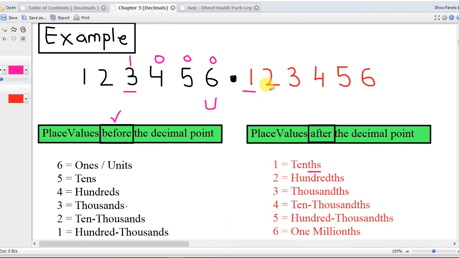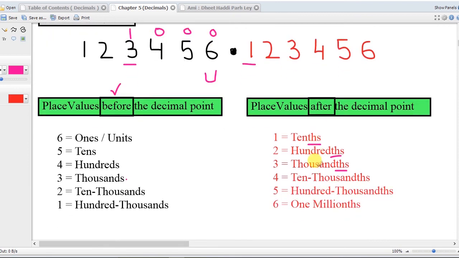Place value of this digit 2 is hundredth. Place value of this digit 3 is thousandth. Place value of this 4 is ten-thousandth, place value of 5 is hundred-thousandth and place value of 6 is millionth, right? So you just need to memorize the names of these place values.